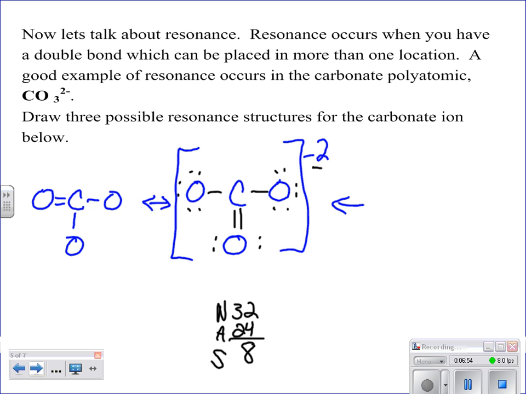And let me just jump over here. And give everybody their electrons, their lone pairs.